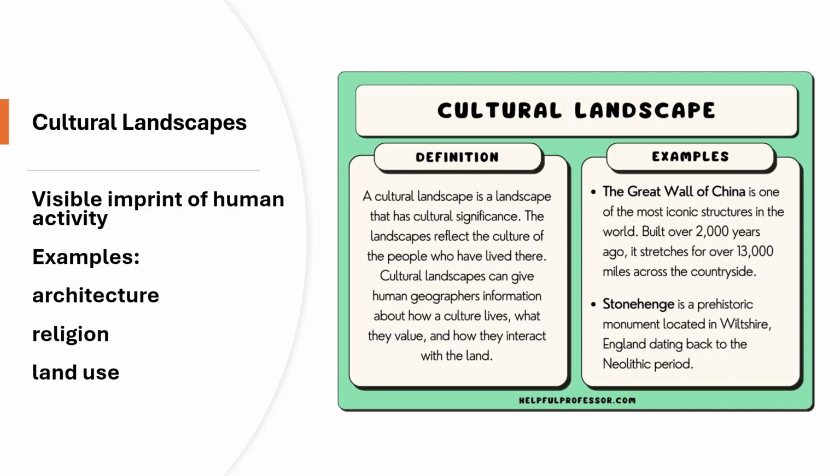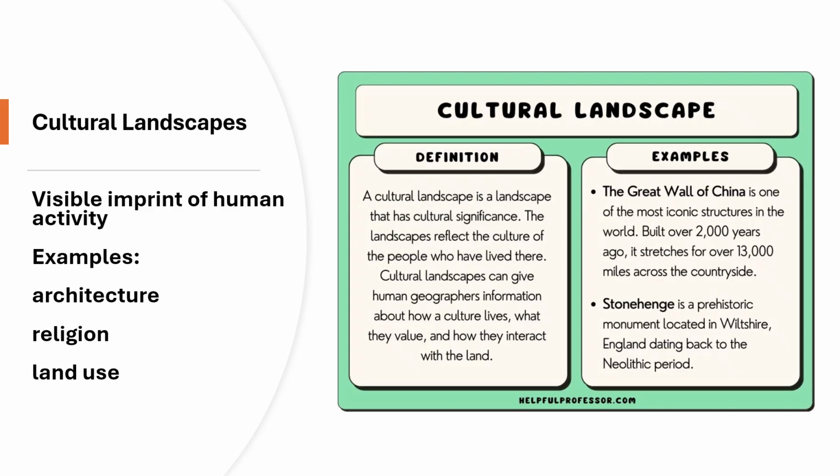Cultural landscapes are the visible imprint of human activity. It can include architecture, religion, as in buildings or products, and land use. The cultural landscape reflects the people or culture of that area.